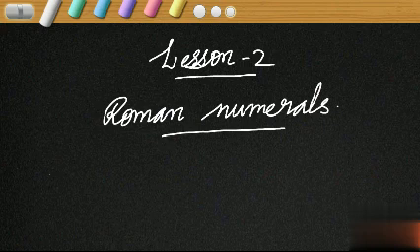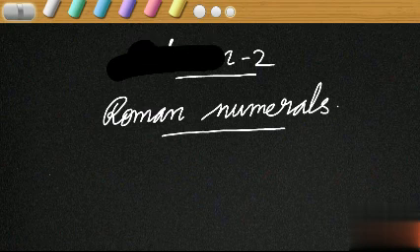Okay, after completing the heading, once again listen here. Which are our usual counting numbers? Yes, 1, 2, 3, 4, etc. are our usual counting numbers.